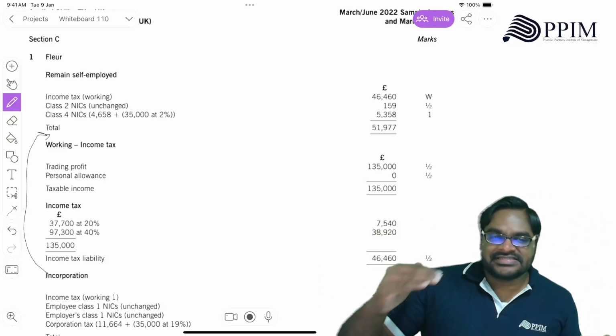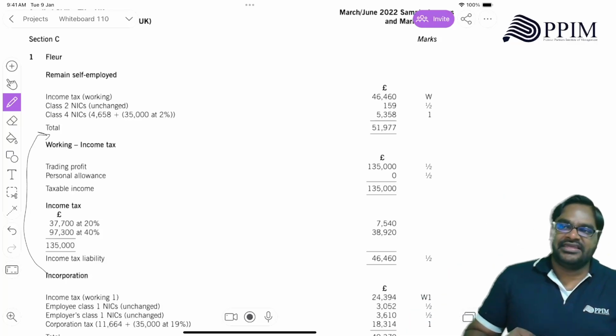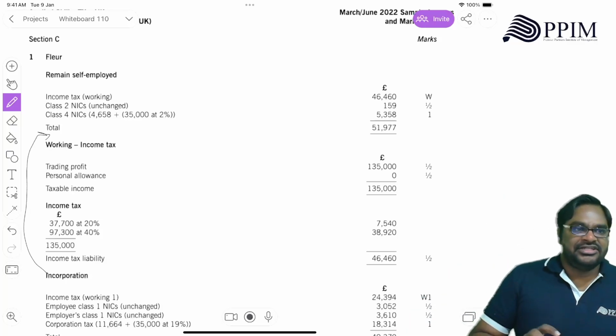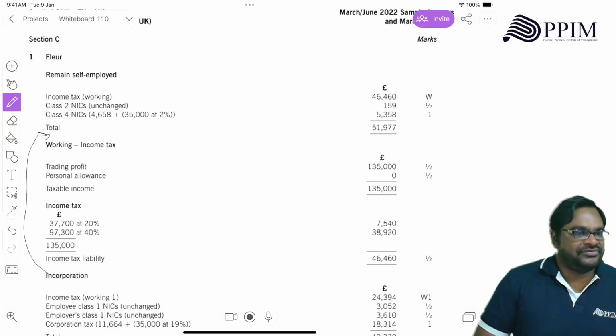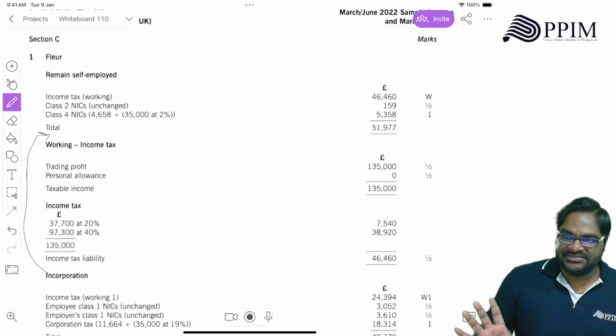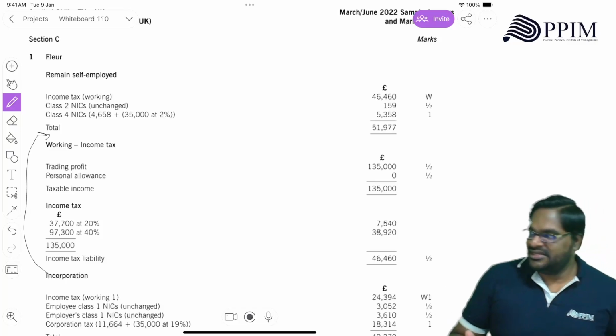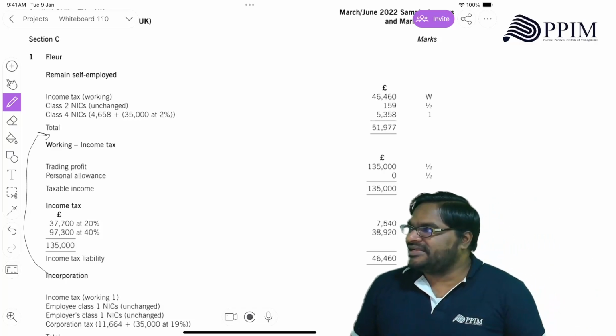When you are presenting that summary, you can give a working number for each kind of tax and show how it has been calculated. And at the bottom, you can give the workings. Are we clear on the format? Everyone, are we okay with the formatting I'm speaking about?